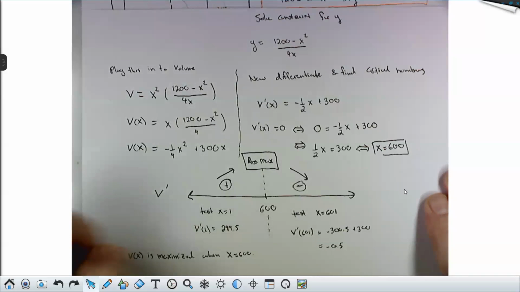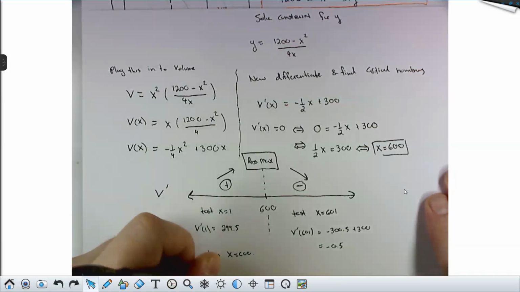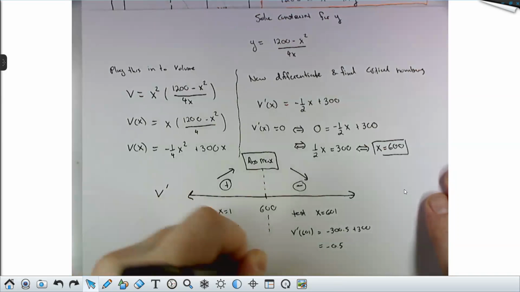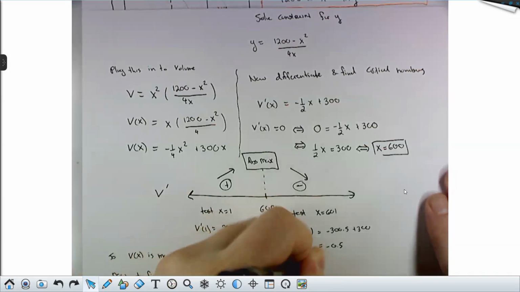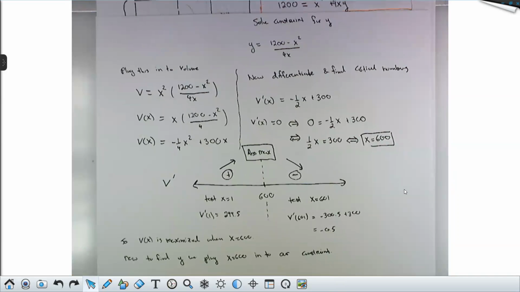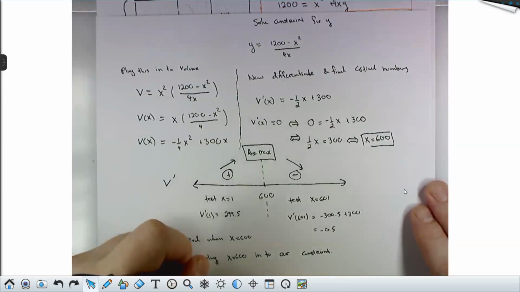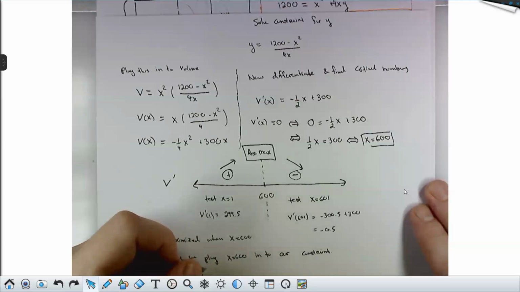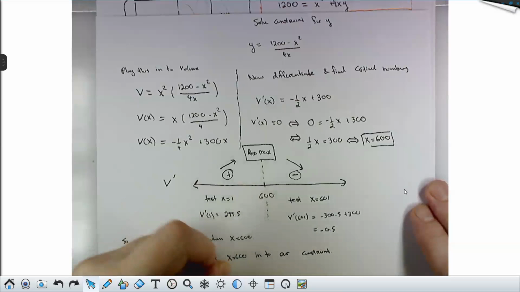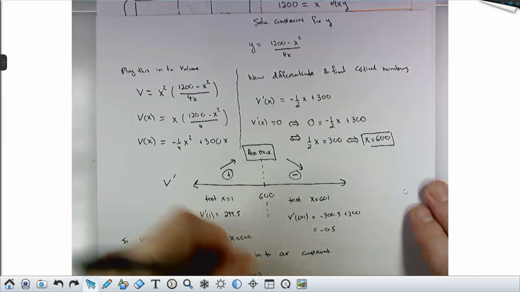Now we need to find y. We can plug x equals 600 into our constraint. The constraint is 1200 equals x squared plus 4xy. So that's 1200 equals 600 squared plus 4 times 600 times y.